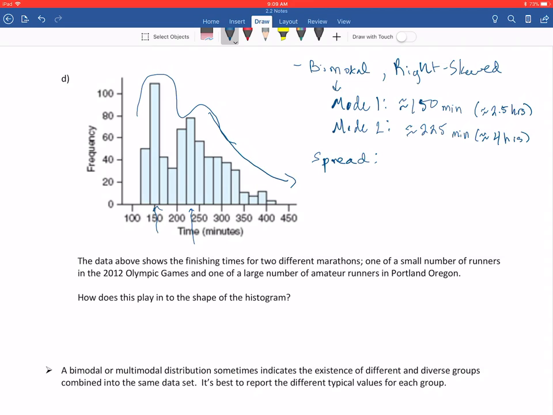So if I think about finishing a marathon in a little over around 2 hours, and finishing a marathon up here, and if you get all the way up here over 400 minutes, you're getting around 7 hours at that point. So context wise, the difference between finishing a marathon in 2 hours and finishing in 7 hours, I feel like there's a lot of spread.